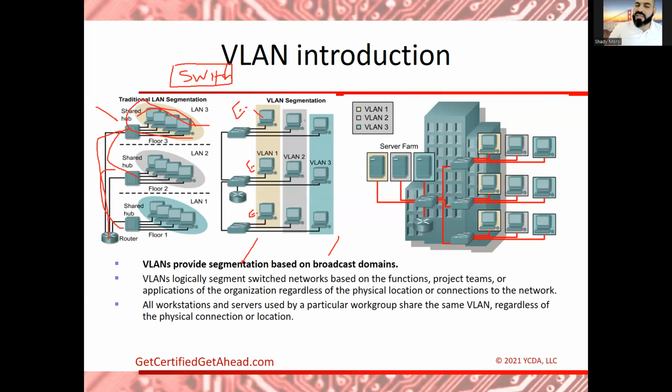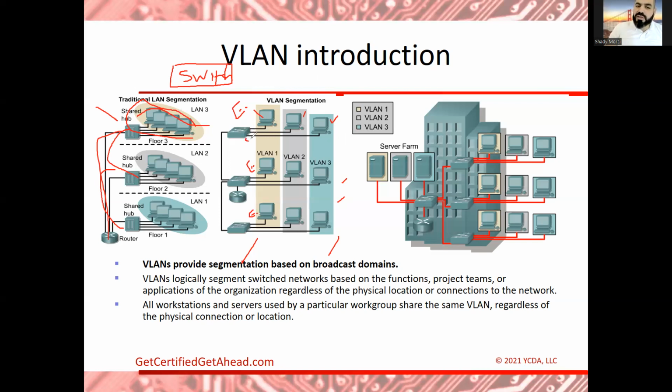I also have a marketing team on floors 1, 2 and 3, and a sales team on floors 1, 2 and 3. How can I reach these guys, even though they are not sitting on the same switch, and make them part of one network?